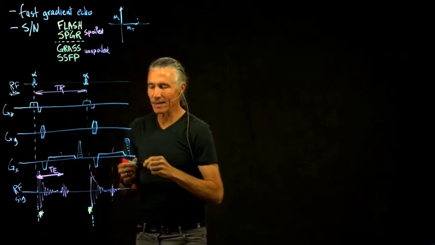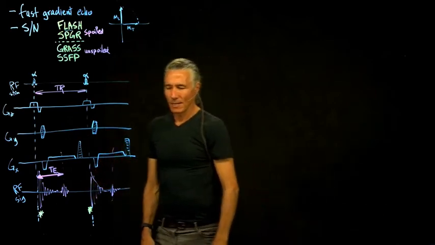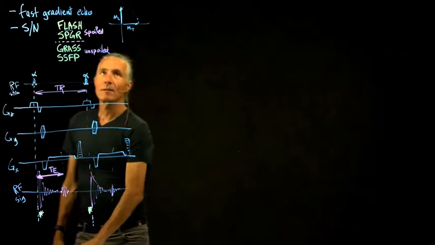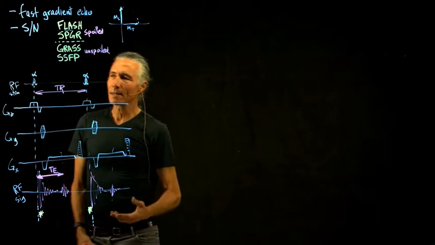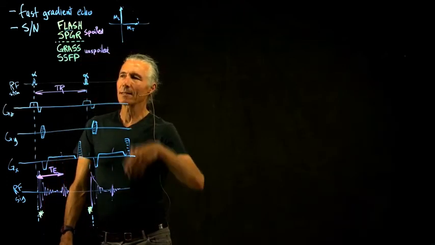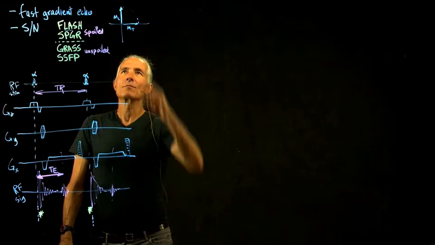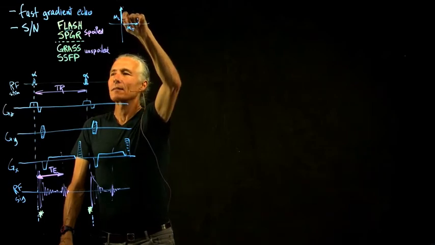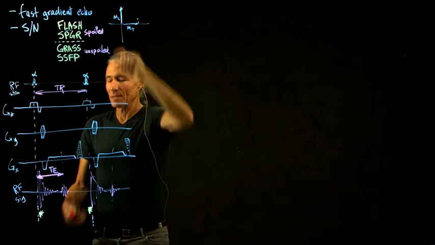If we go all the way to 90, we've got 0 longitudinal. And now it's going to take a couple seconds to regrow, that T1 regrowth, up to the MZ0.